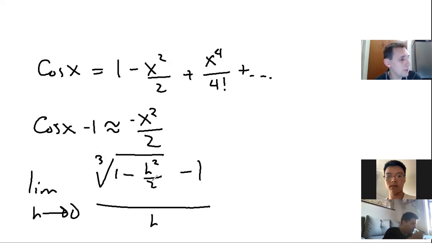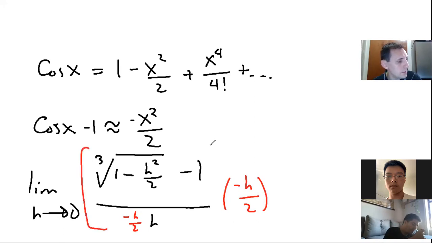And to make the limit look like the derivative, I will multiply the denominator by minus h over 2, and therefore the numerator must also be multiplied by minus h over 2. So what we get is the derivative here multiplied by 0. So it's 1/3 multiplied by 0, and the answer to this limit is 0.